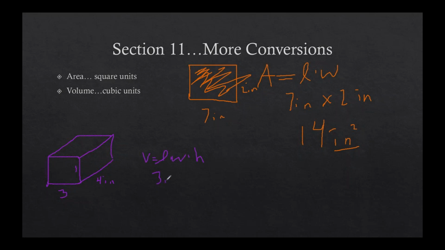So if I would take 3 inches times 1 inch times 4 inches, well, 3 times 1 times 4 is 12, but you can see I have 3 labels of inches, which gives me inches cubed. And those units are going to be what causes issues as we move into conversions. Because if I have 3 inches, inch, inch, inch, and I want to convert that, I'm going to have to do 3 conversions to cancel out all 3 pieces.